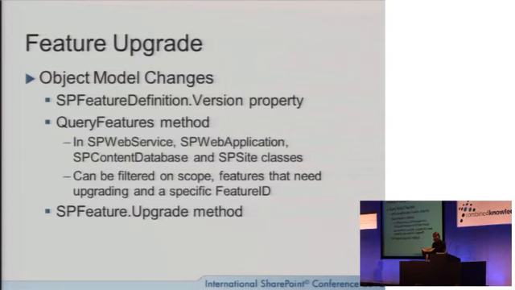You can use the QueryFilters method to filter on scope on features that need upgrading, and you can also specify a specific feature ID so that you can find instances of that specific feature. And we have an Upgrade method to actually upgrade the feature instances. And we will see why we need that.